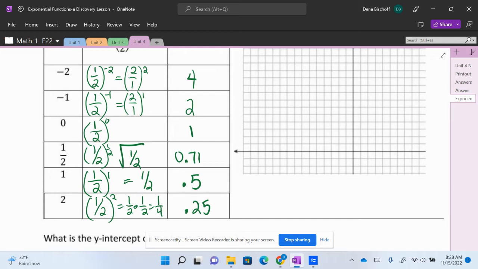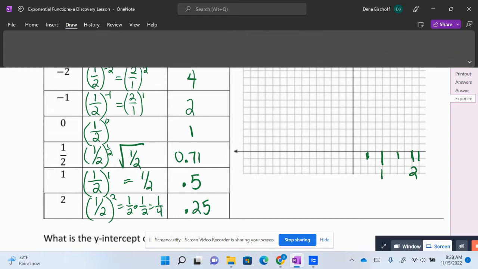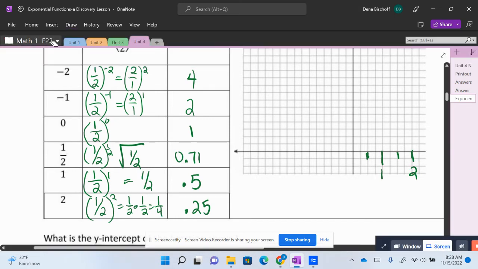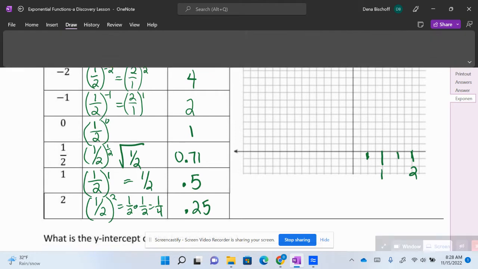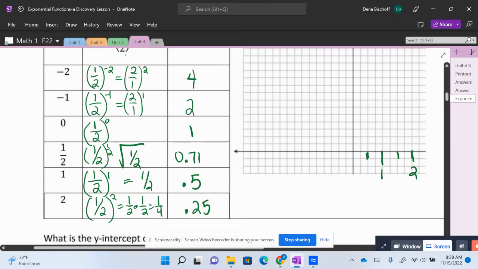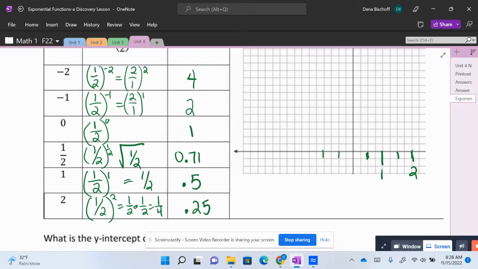So I'm going to number my x-axis first. And I numbered this the same way I did the last one. 1/2, 1, 1 and 1/2, 2. And then on the opposite side, I did the negatives the same way. So negative 1/2, negative 1, negative 1.5, negative 2.